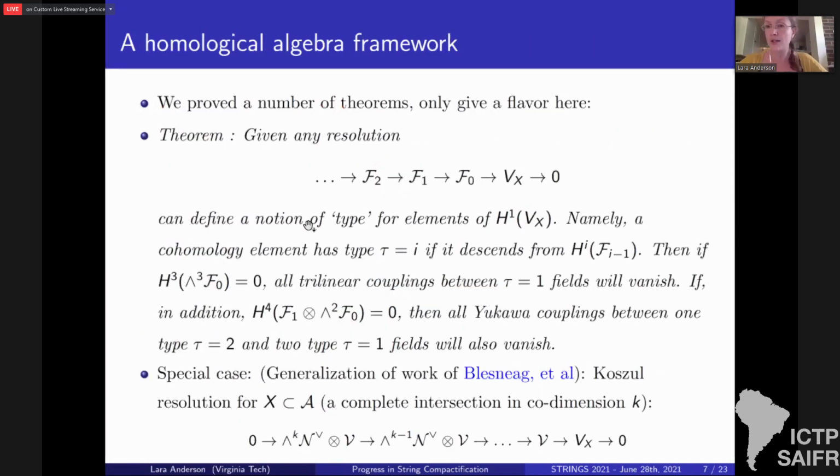So what my collaborators and I set out to do was to try and understand, can we phrase, in a bit more generality, the types of observations that were just made using differential geometry. And we proved a number of theorems in a recent paper. I'm just going to give one as a rough flavor for the idea here.